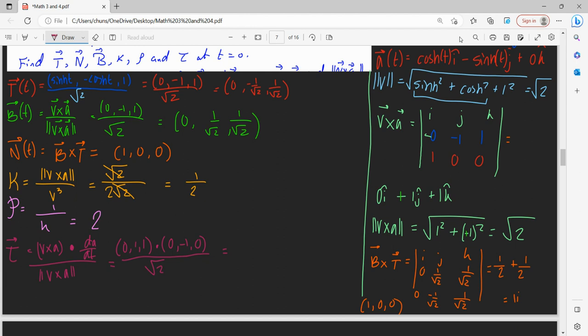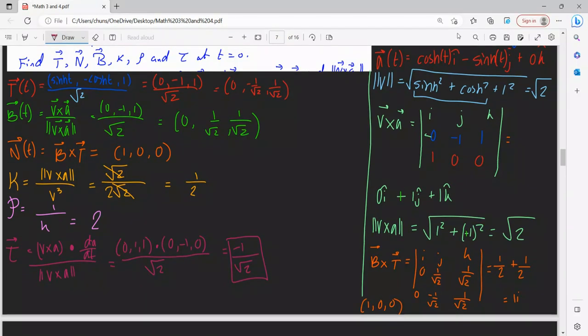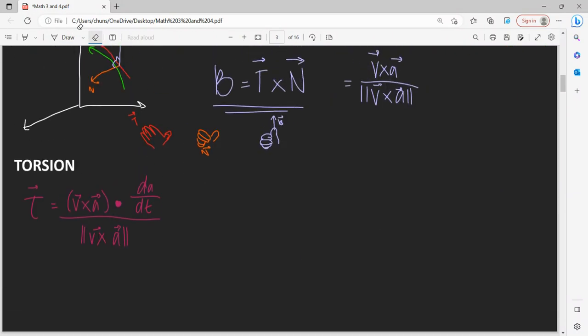So 0 times 0 is 0, negative 1 plus 0 over root 2. Sorry, and this is squared. So this is actually negative 1 over 2. I may have failed to add that into this equation here. Let's make that fix. There we go.